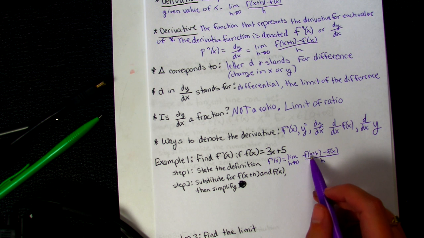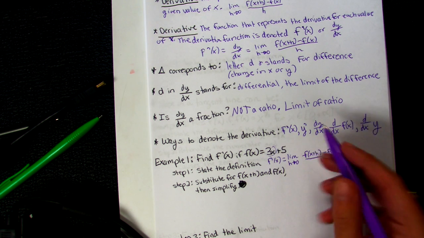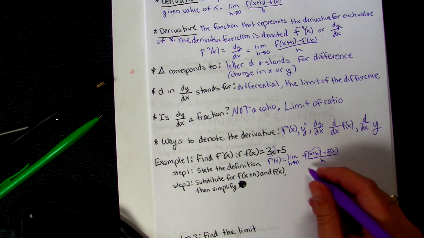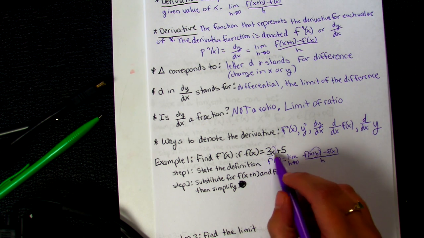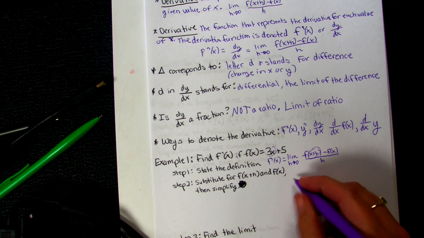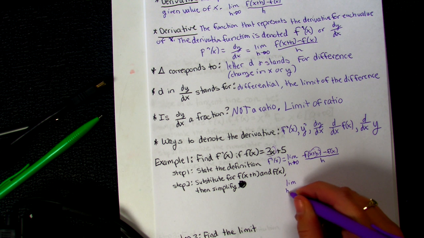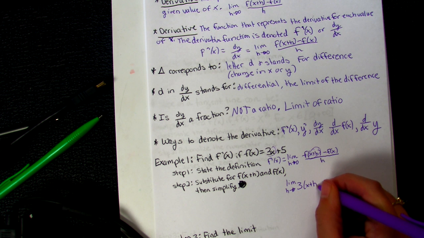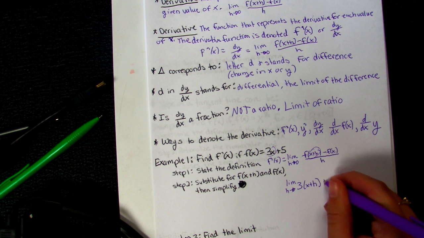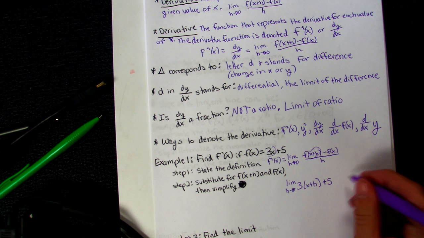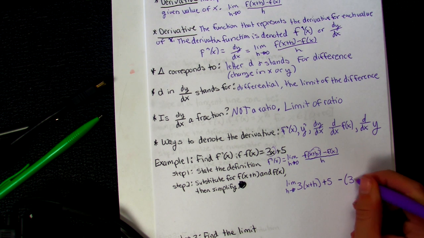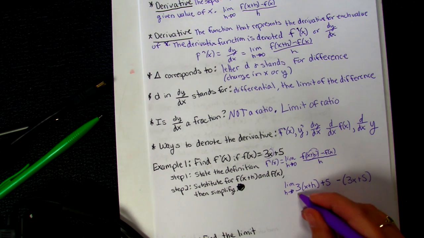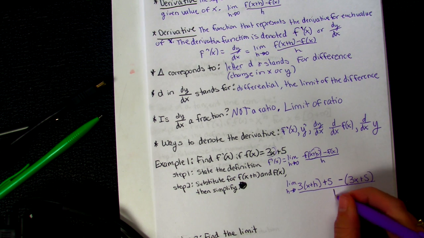So anywhere that I see f of x, I can write 3x plus 5. And if I have f of x plus h, that's saying substitute x plus h for x, which I can also do. So instead of 3x plus 5, I'm going to have 3 times x plus h, plus 5. And then I have minus f of x, so minus 3x plus 5, and then all over h.